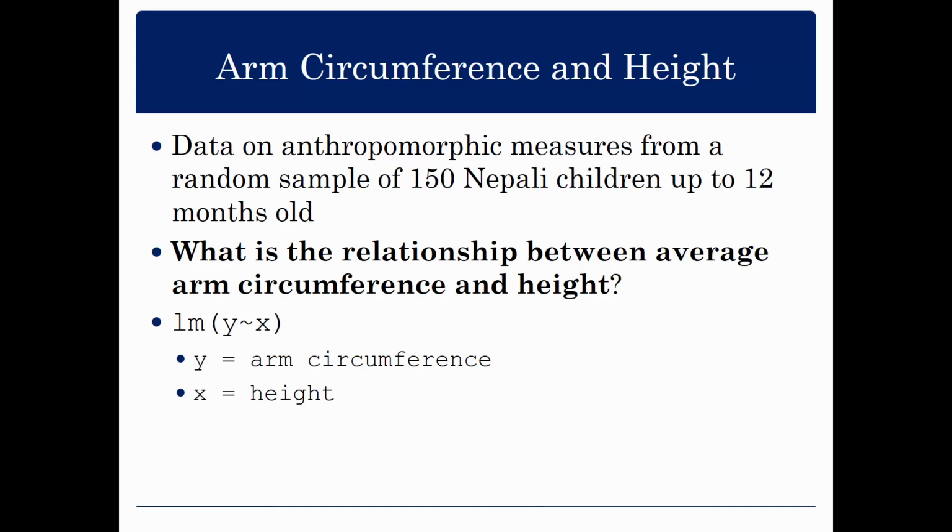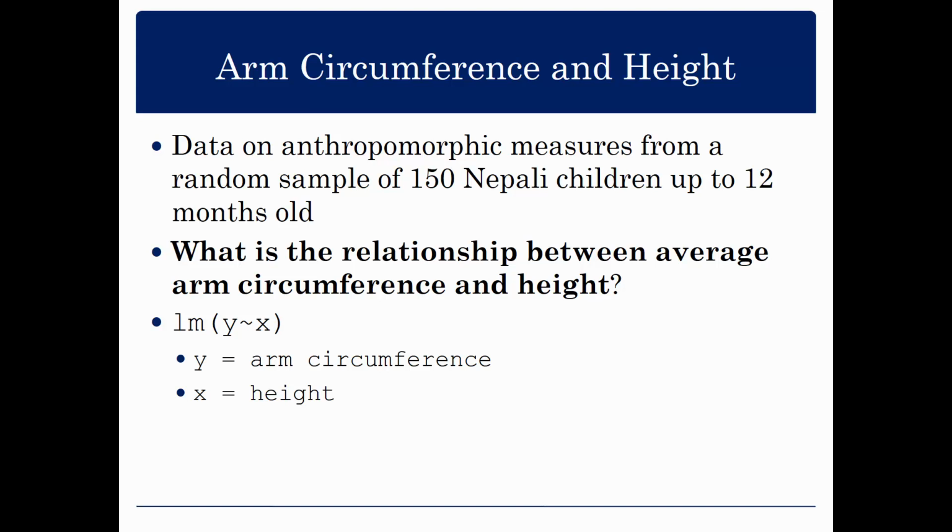As an example, there's an anthropometric kind of study on Nepali children here. This is a real study taken from a very old reference. But they were interested in the relationship between average arm circumference and height for some reason.